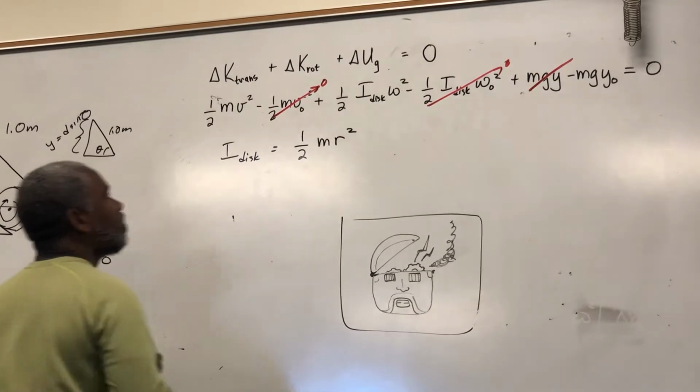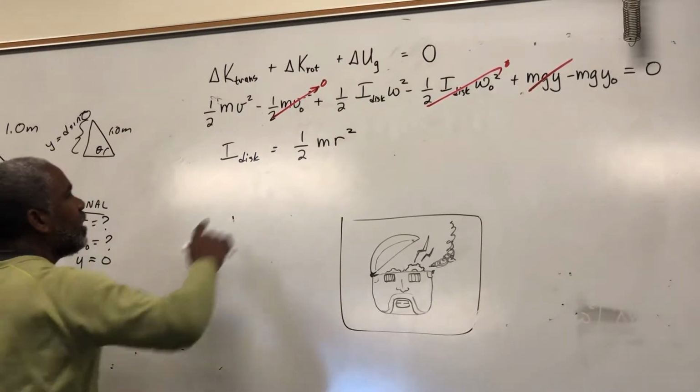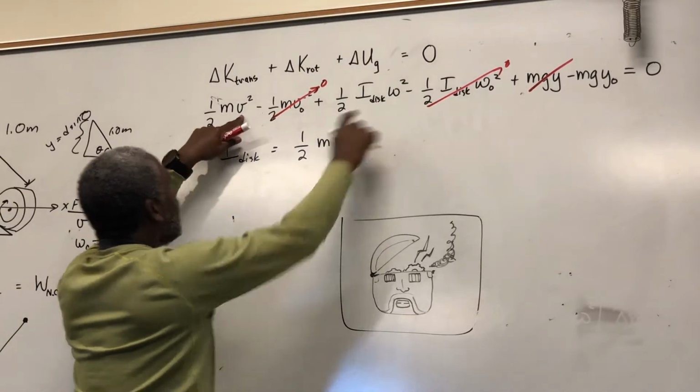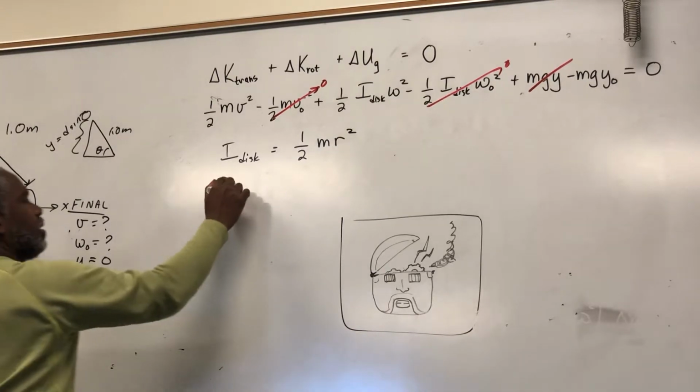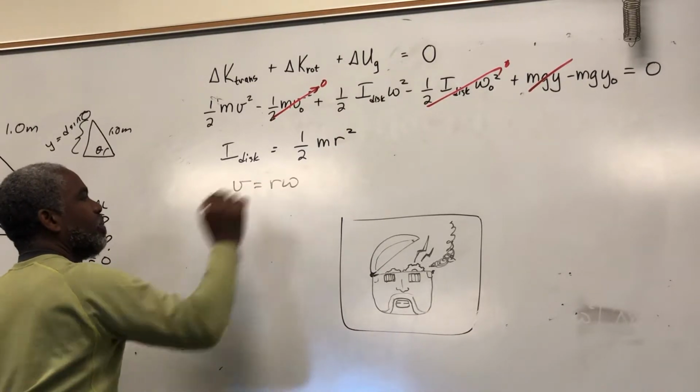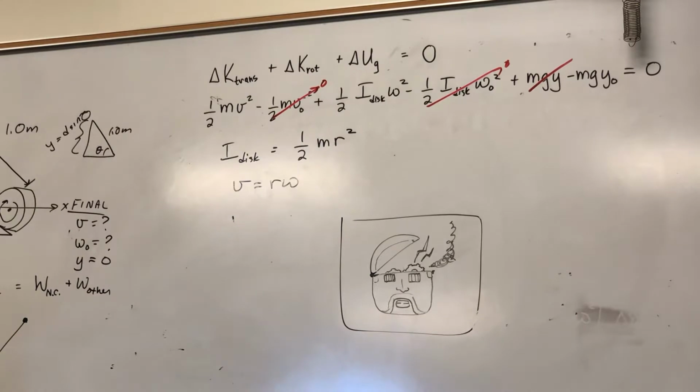So I equals 1/2 mr squared. And then one other thing, I have omega and I have v. For objects that are rolling smoothly, what is the connection between v and omega? Alyssa. Good. V equals r omega for smoothly rolling objects.